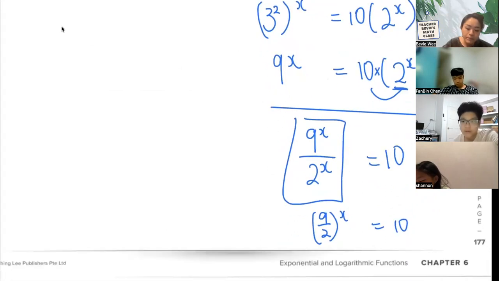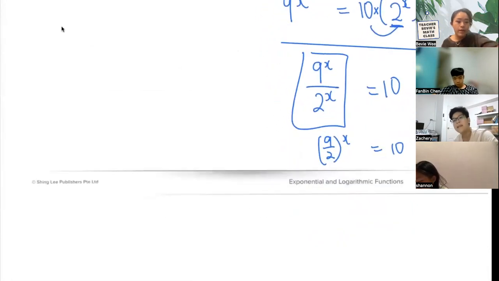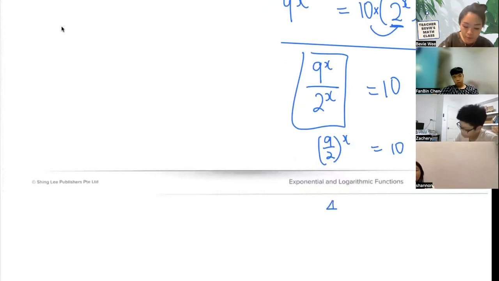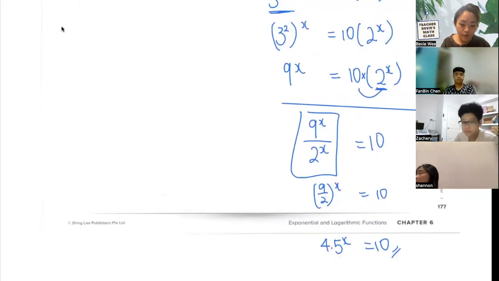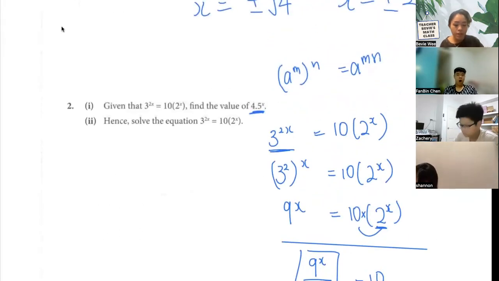Equals to 10. Then 9 over 2, I can rewrite it as 4.5 already. Isn't this 4.5 to the power of x equals to 10? That's it. They're only looking for 4.5 to the power of x. Done.